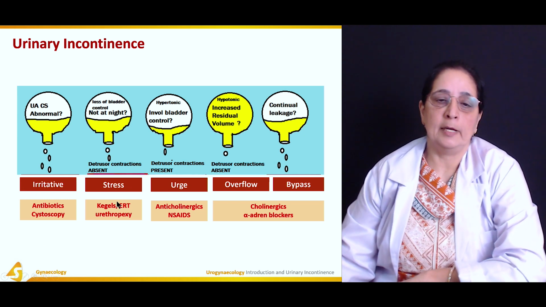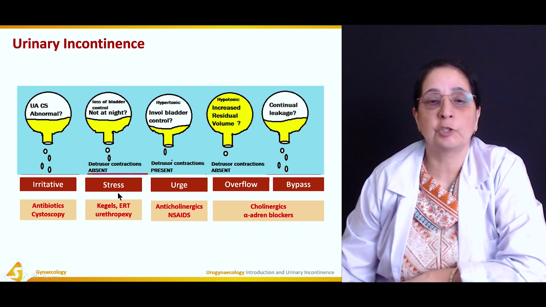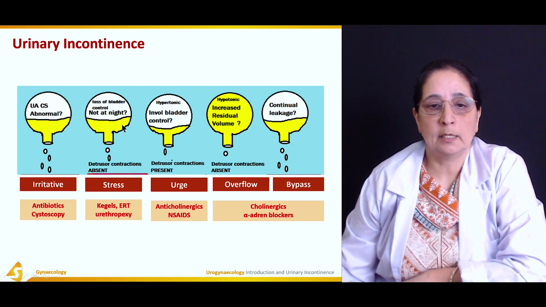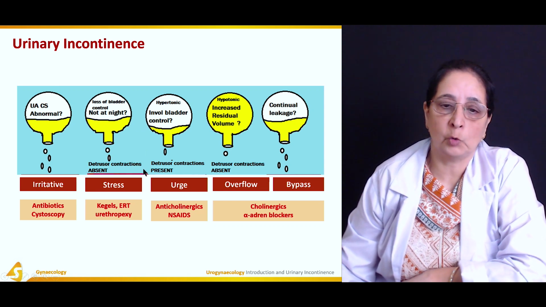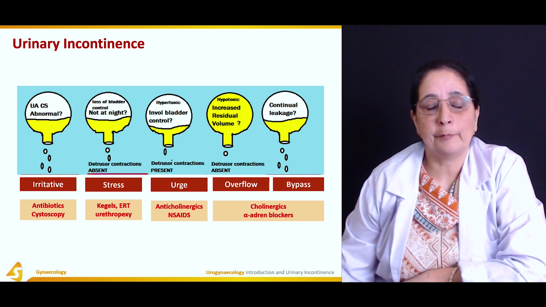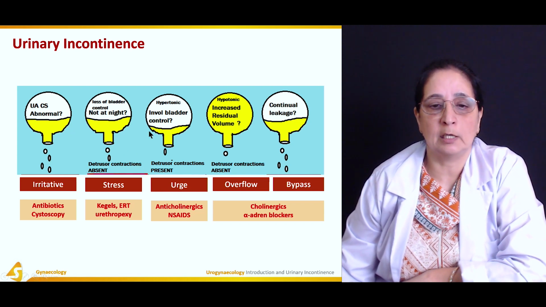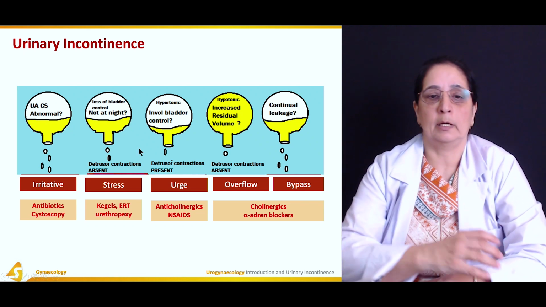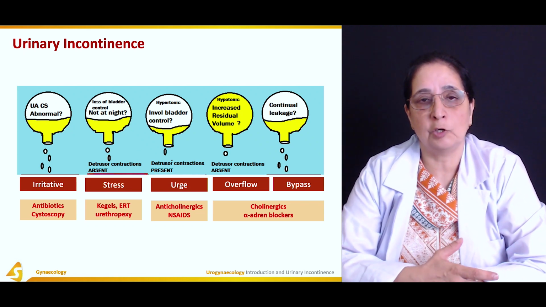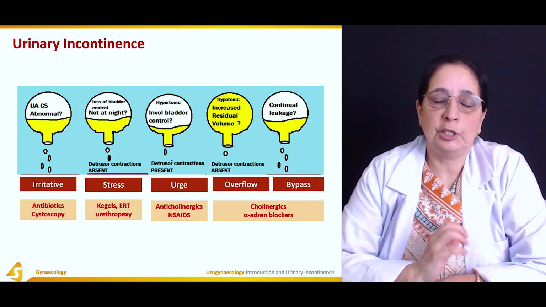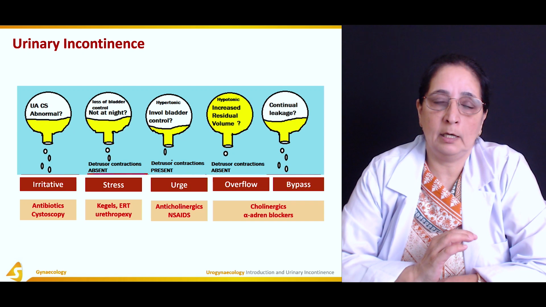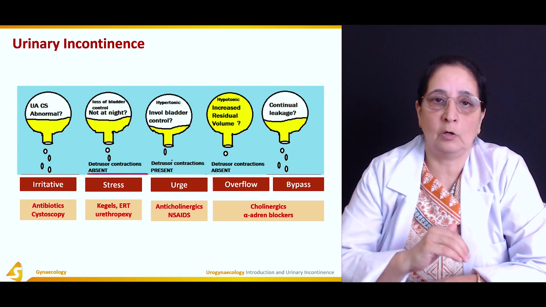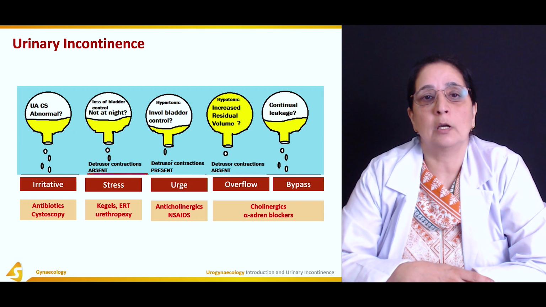Then the other type of incontinence is stress incontinence. In stress incontinence, usually there is loss of bladder control, and increased abdominal pressure leads to stress incontinence. Detrusor contraction is usually absent in this, because again there is loss of bladder control, mainly due to increase in the pressure in the abdomen that causes pressure on the bladder and leads to incontinence.